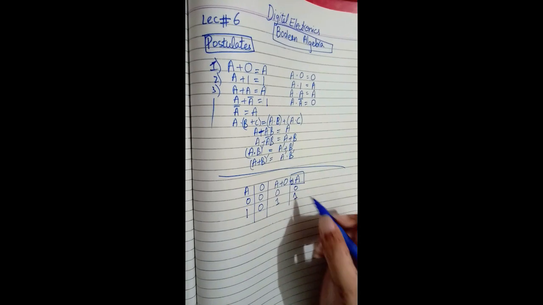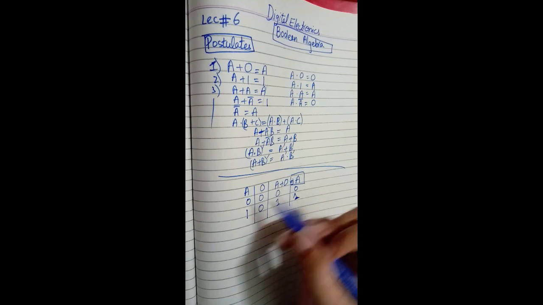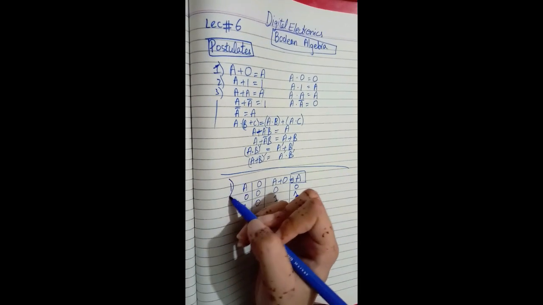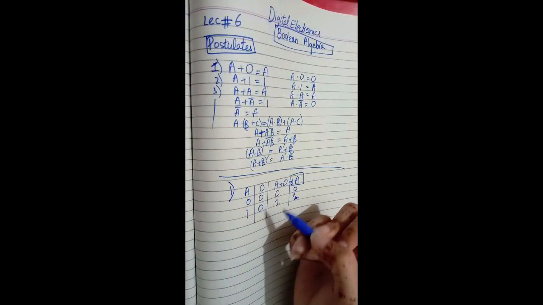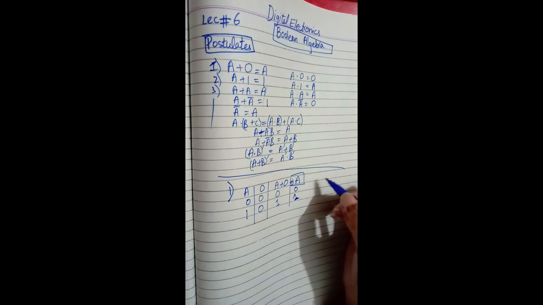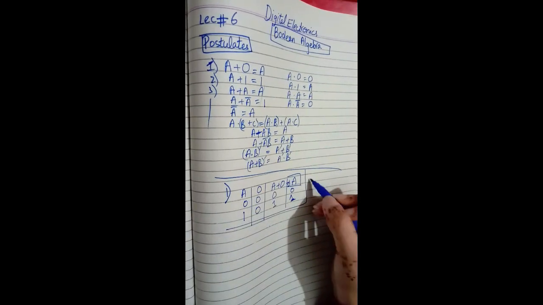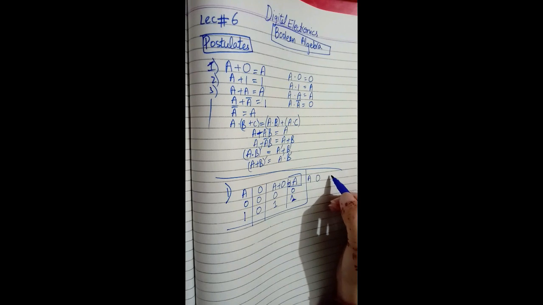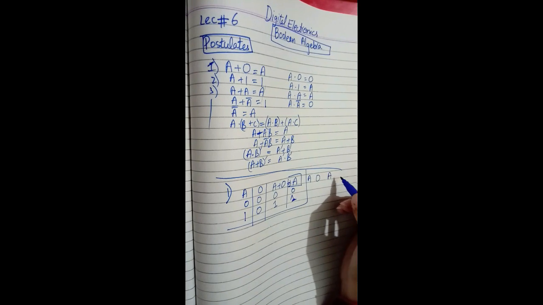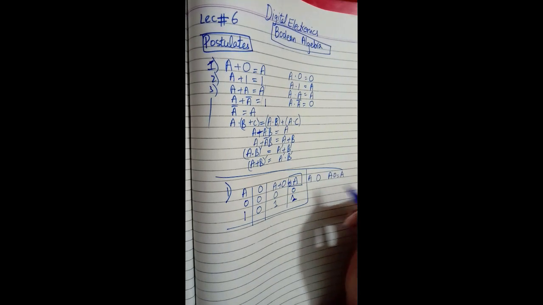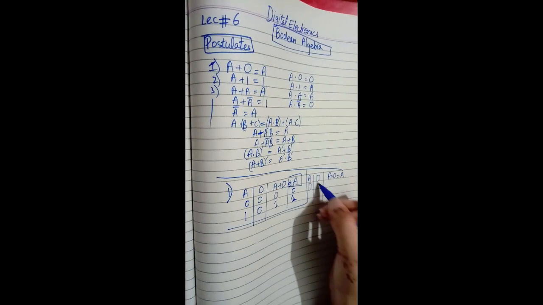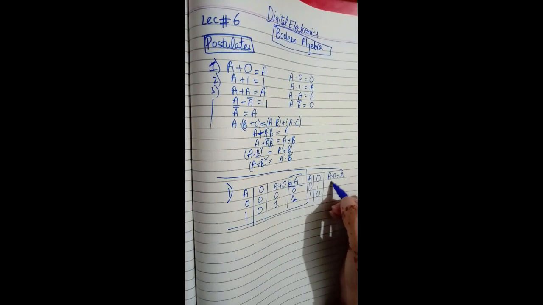You can see that the final result we are having is A by doing A plus 0, the first postulate. Like this, if we do it for the multiplication, we have A and 0 and the answer, which says A dot 0 is equal to 0. 0 1 1 0.